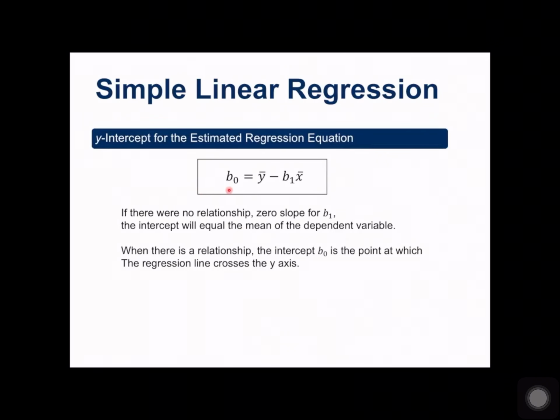The intercept is basically where this line connects with the dependent variable. For example, on the plot, it's going to be on the y-axis. And what's important to understand about the intercept is that if there's absolutely no relationship in whatever predictor variable we have, this value, b1, which is representing the value of the predictor variable, would be 0.